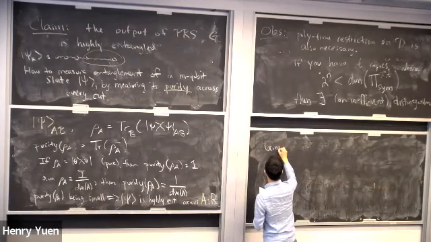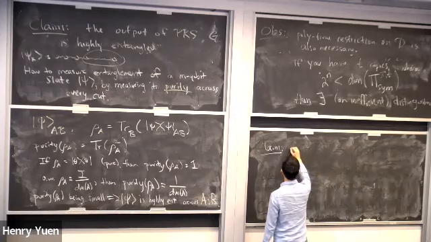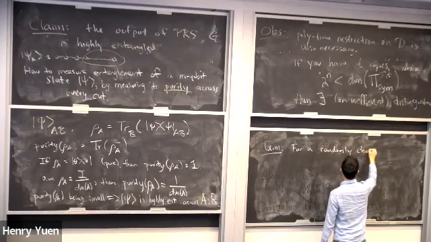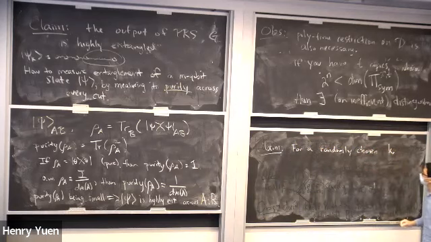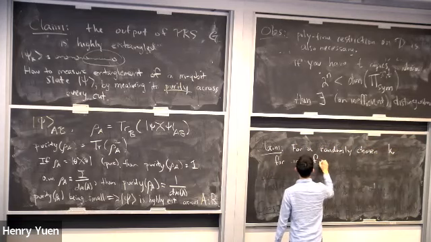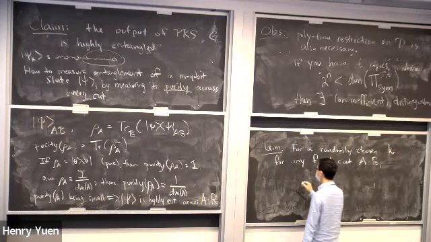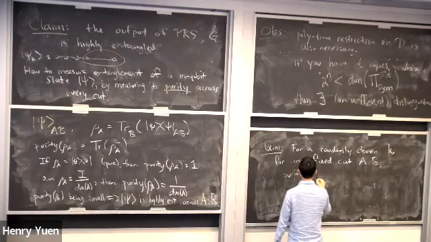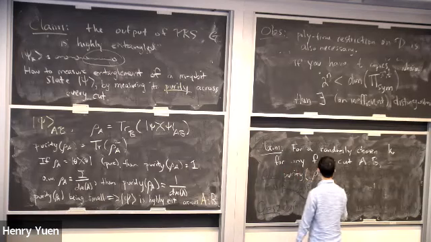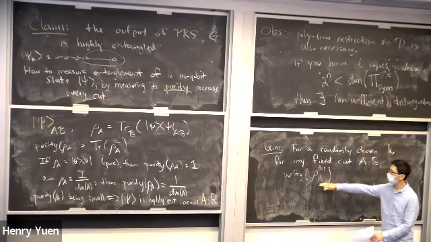To make this claim more precise: for the randomly chosen seed K, for any fixed cut AB of the qubits, the purity of rho A, so I'll index this density matrix by K. So this density matrix is, you take psi K, you throw out the B qubits, and you just look at that reduced density matrix.